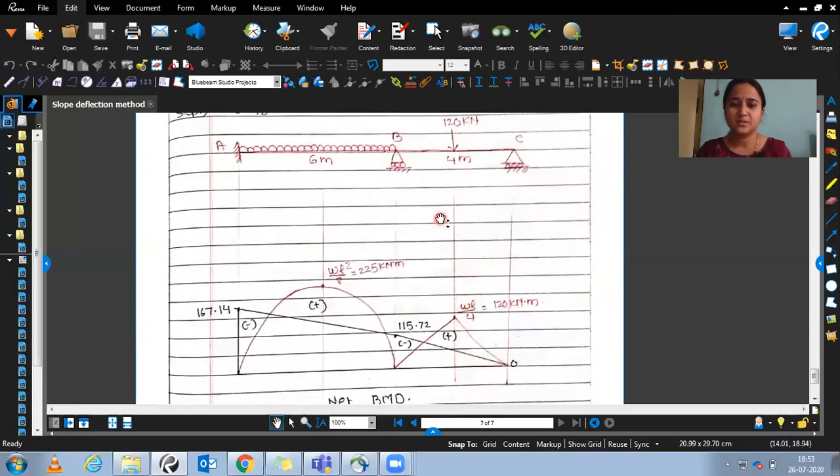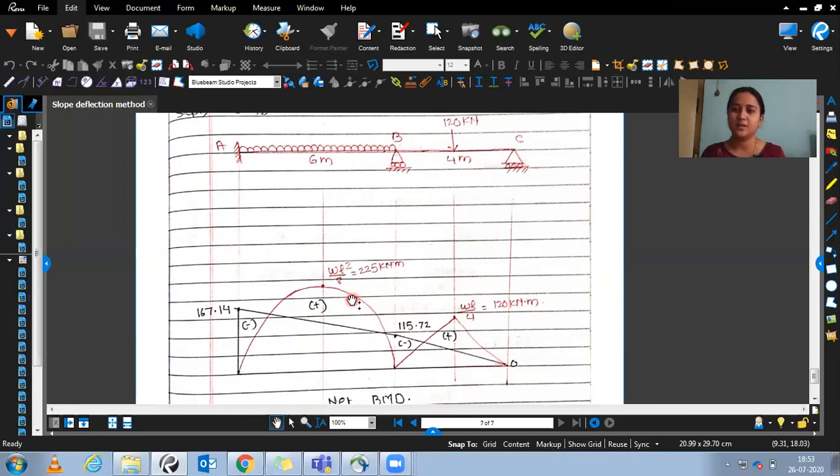And then in the last part of the question, they have asked to draw the bending moment diagram. So this is the bending moment diagram drawn by using the principle of superposition. The principle of superposition is simple.